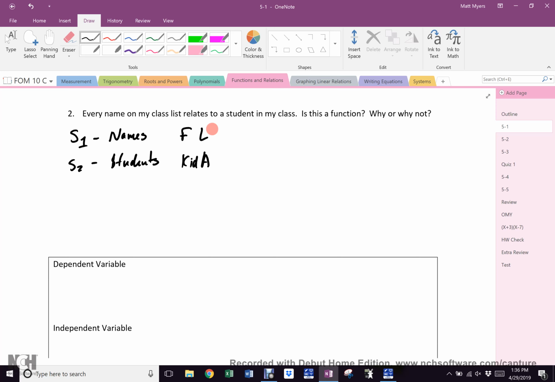What if I only went by first name in this class? Still a function? Or is it a relation? Still a function. Why? Because nobody has the same first name, right? What if I went only by last name? That's a relation. Why? Do any of you share a last name with anybody else in the room? Not in this room, but could it happen?